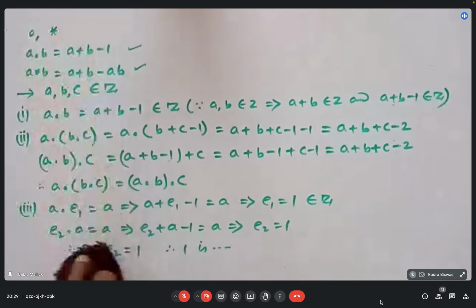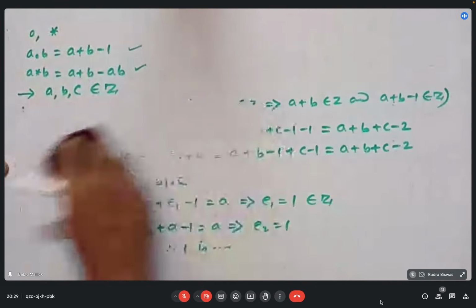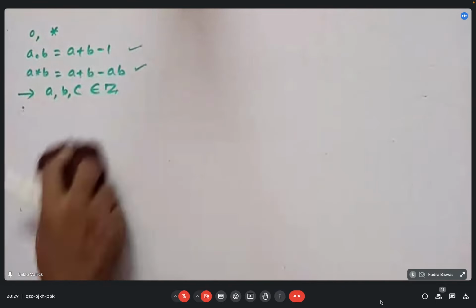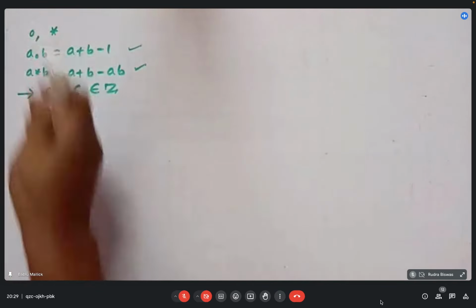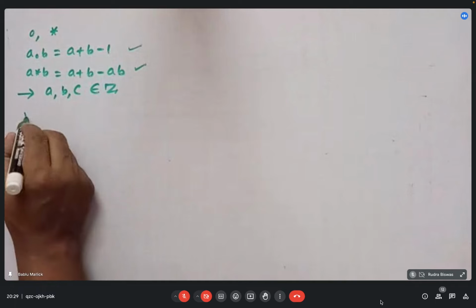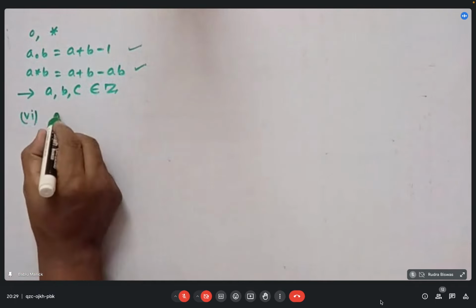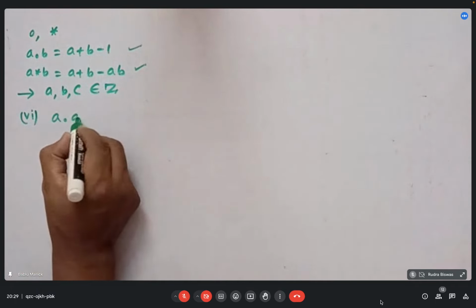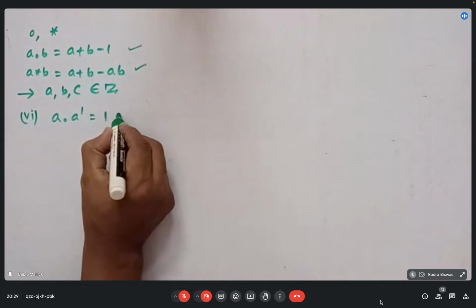Now inverse element check. Number 4, A O A dash is equal to 1.